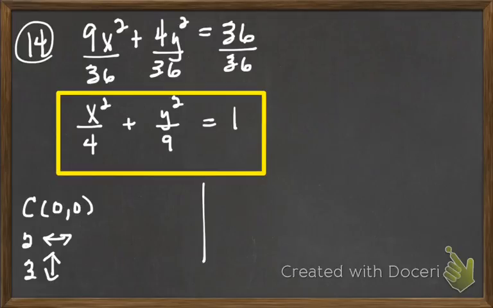And you would sketch out your ellipse. So all of these ellipses so far have been vertical. They're not all vertical.